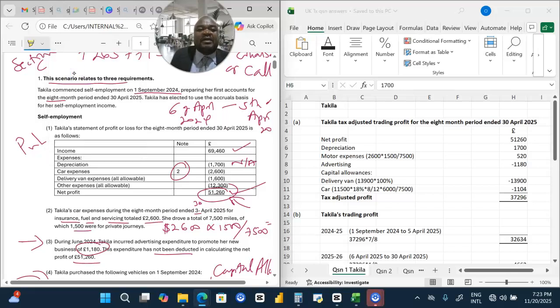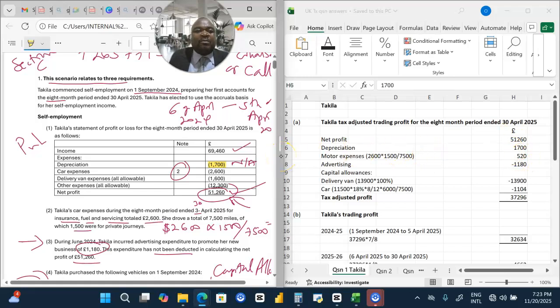The accountant had deducted the 1,700, but we said that was wrong, and this is why we have put the 1,700 there as a positive figure, which means it has to be added back to the net profit.